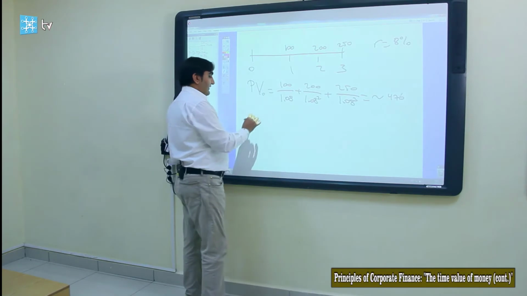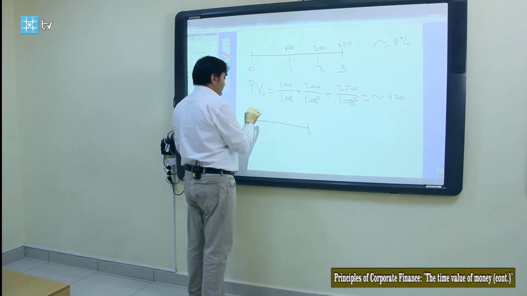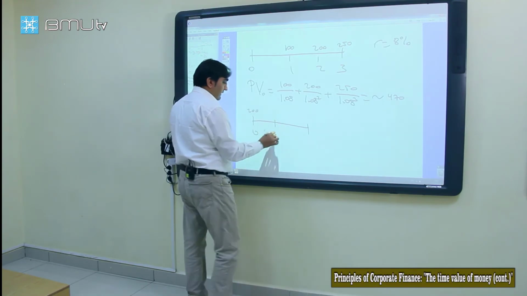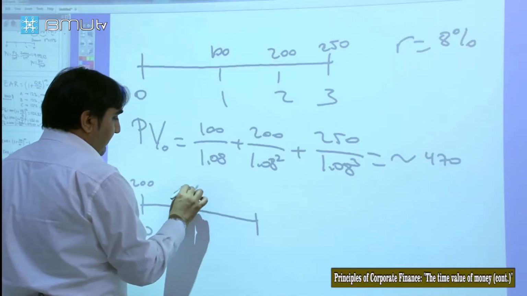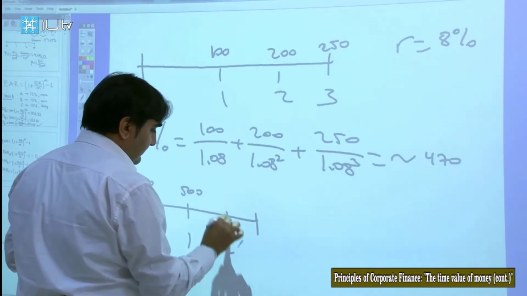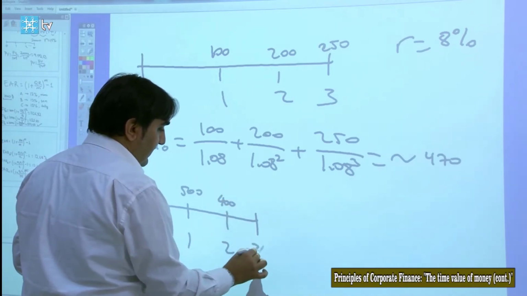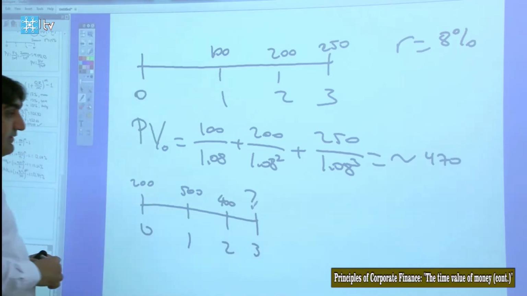Or future value. Assume we invest 200 today, 500 next year, and 400 next year. How much will we have at the end of the third year?